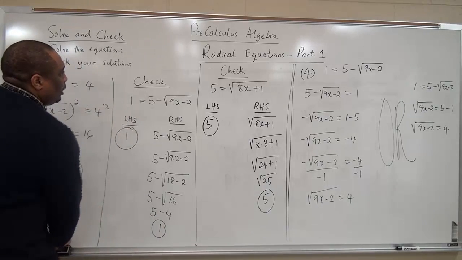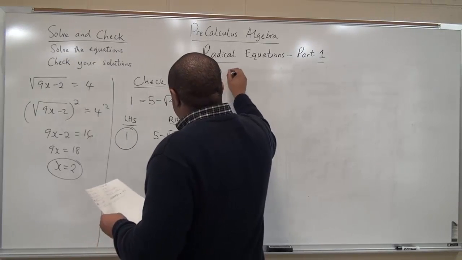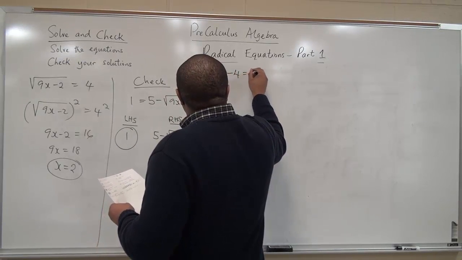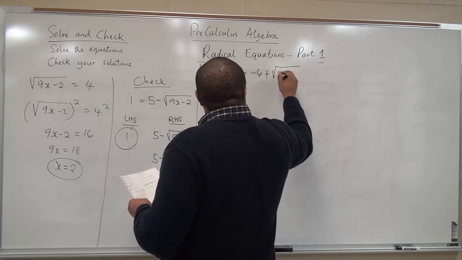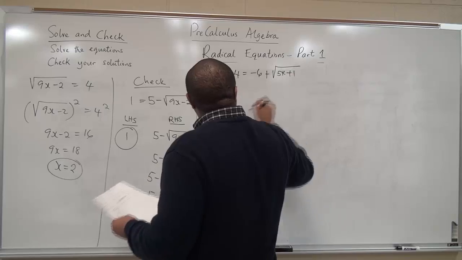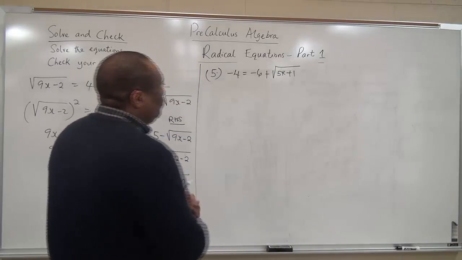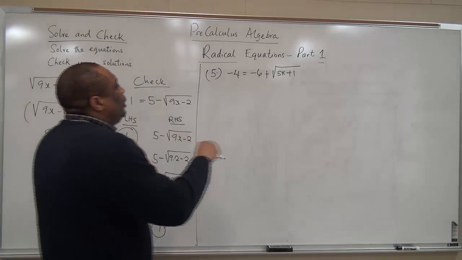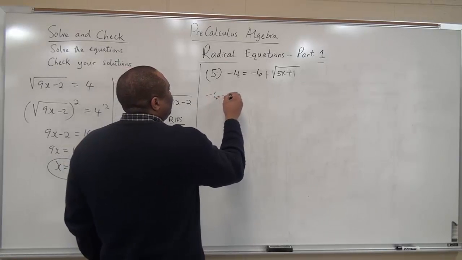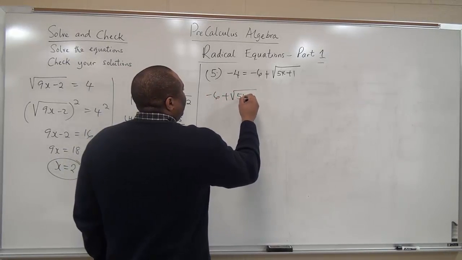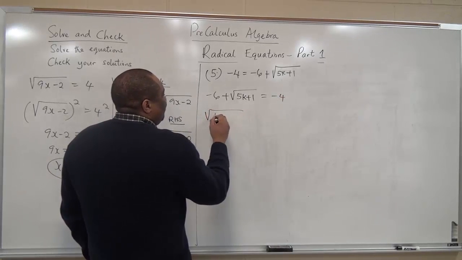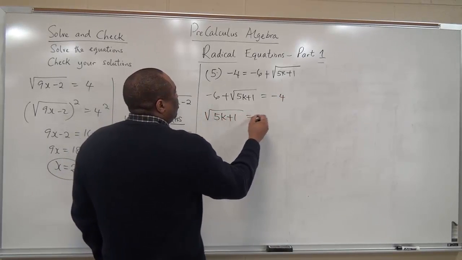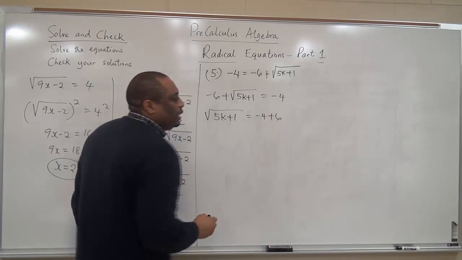Question 5, we have negative 4 equal to negative 6 plus square root of 5k plus 1. Right? So we rearrange or we swap. Negative 6 plus square root of 5k plus 1 equal to negative 4. So this is square root of 5k plus 1 equal to negative 4 plus 6.